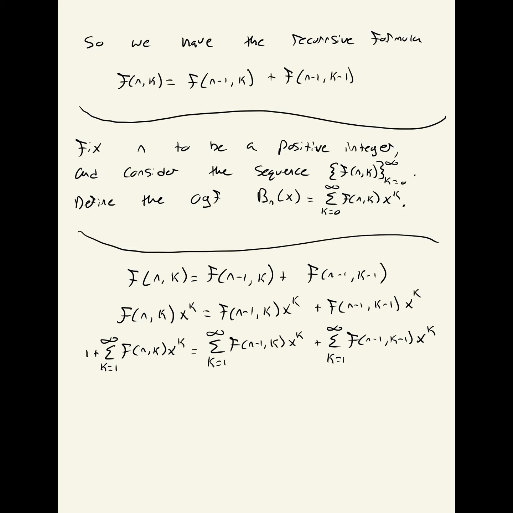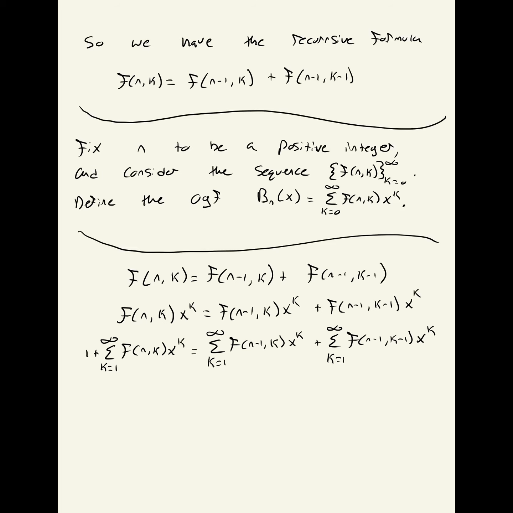What is f_n(0)? Well, f_n(0) is 1, because that's asking how many different ways there are to choose 0 things from n things, and there's only one way to do that. You just choose nothing.